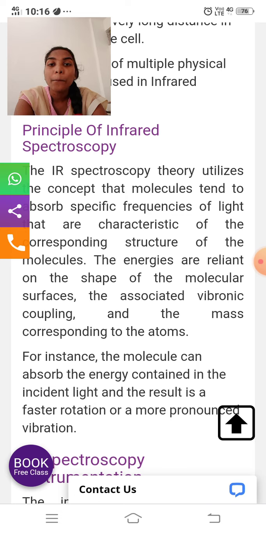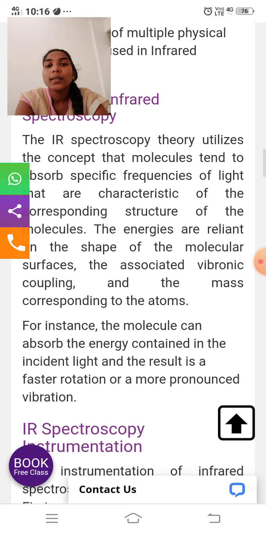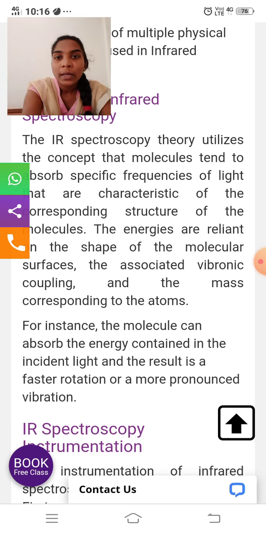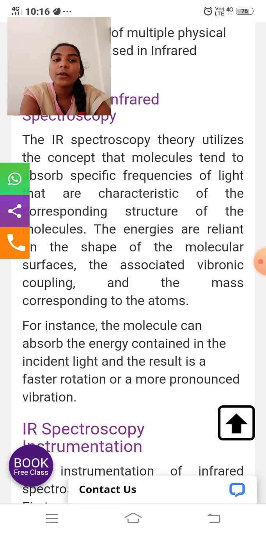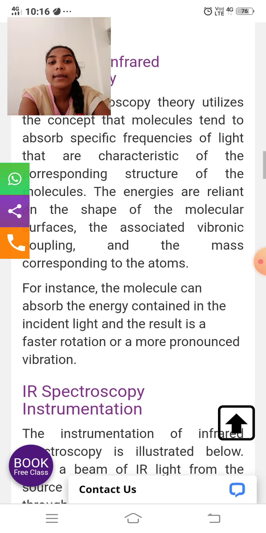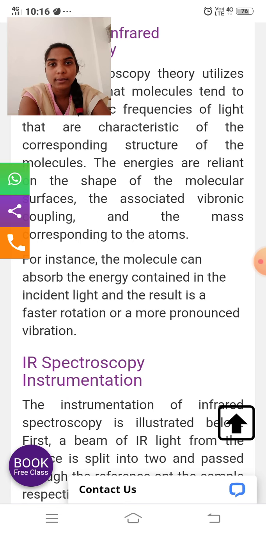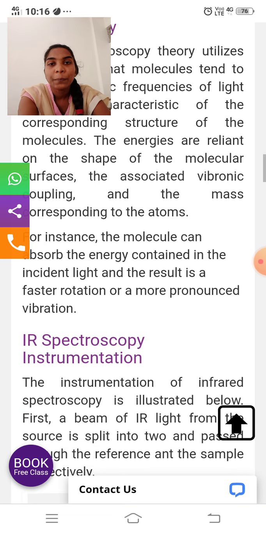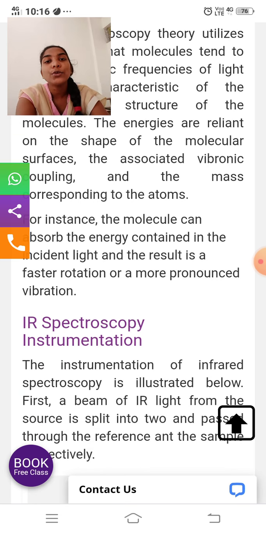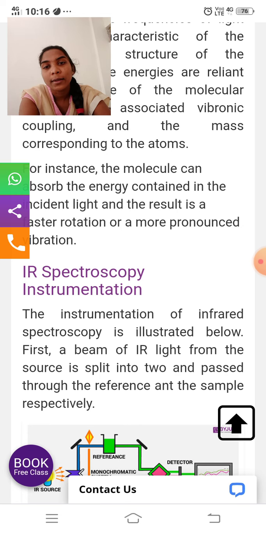The next main point of infrared spectroscopy is the principle of infrared spectroscopy. The IR spectroscopy theory utilizes the concept that molecules tend to absorb specific frequencies of light that are characteristic of the corresponding structure of the molecule, and the energies are reliant on the shape of the molecular surfaces, the associated vibronic coupling and the mass corresponding to the atoms.